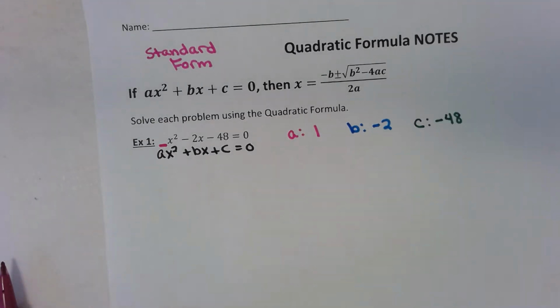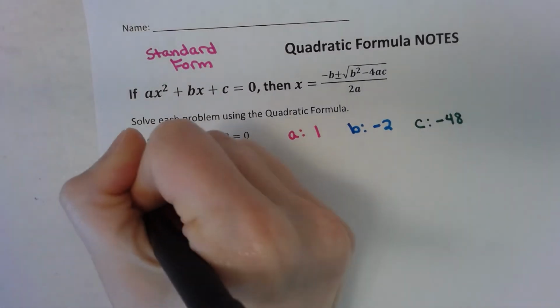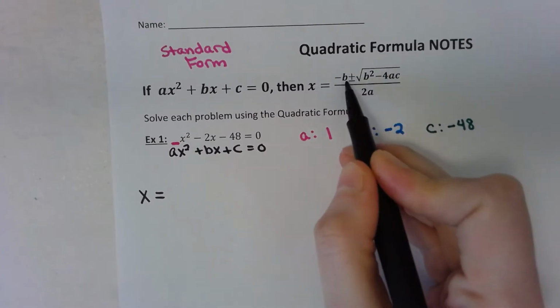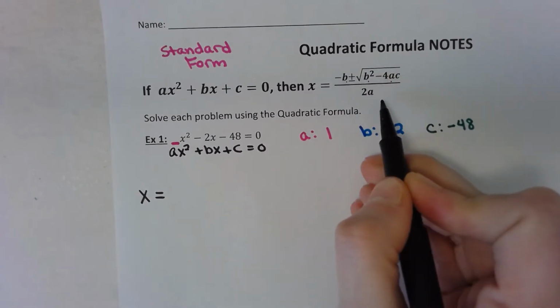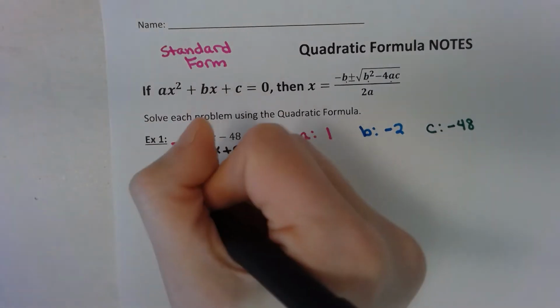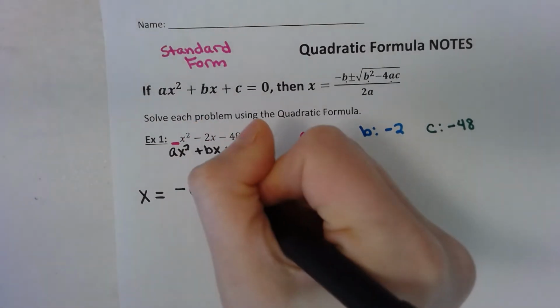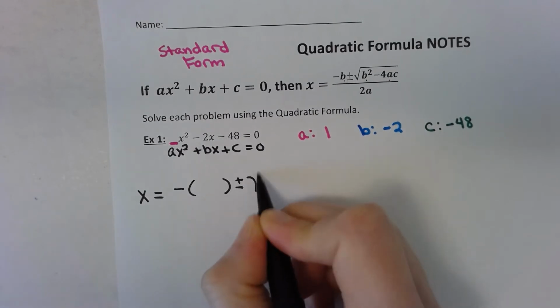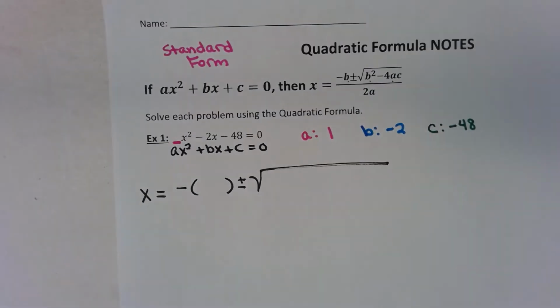Okay, so now when I am actually using the quadratic formula, it tells us x equals. When I start putting this part together, anytime there's a letter, I'm going to replace it with a set of parentheses. So it goes negative b, plus or minus the square root, and I make a long square root sign.